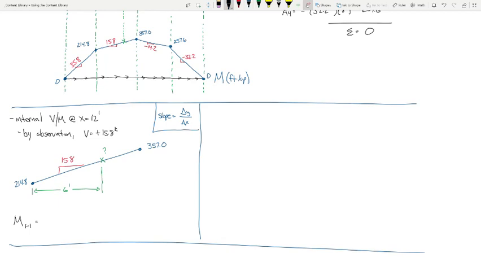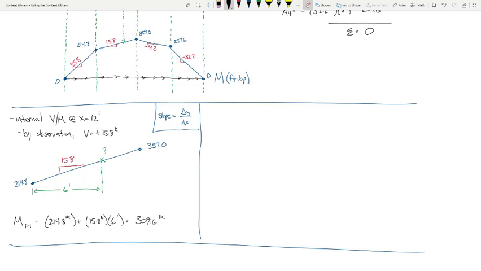So we can say 214.8 foot kips plus the slope, 15.8 kips, times the change in x of 6 feet. And what do we get? Should get 309.6, do we? There we go.